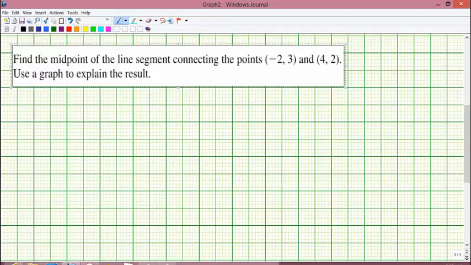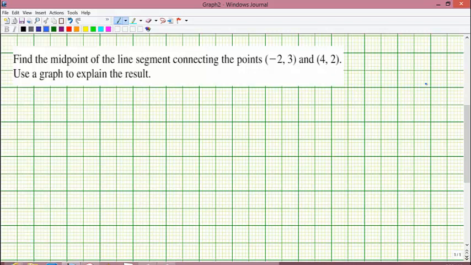Okay, so there's our problem. Find the midpoint of the line segment connecting the points -2, 3, and 4, 2. Use a graph to explain the result. So we're going to start off by doing the first part, which is finding the midpoint of the line segment. Let's remember the formula. The formula is the average of each component. x1 plus x2 over 2, y1 plus y2 over 2.